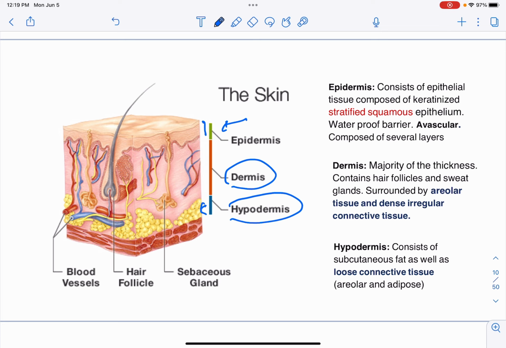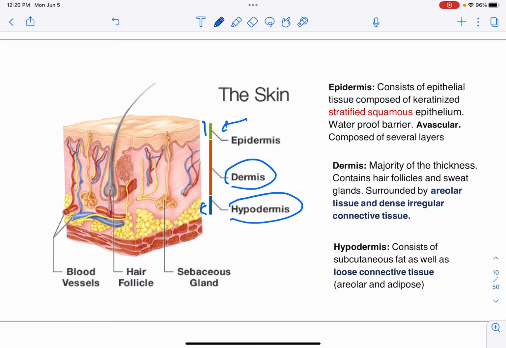The epidermis consists of epithelial tissue, composed of keratinized cells, and I'm going to show you what that means, but it's basically a waterproofing agent. The stratified squamous cells are actually making keratin, and keratin is going to act as a waterproofing barrier.